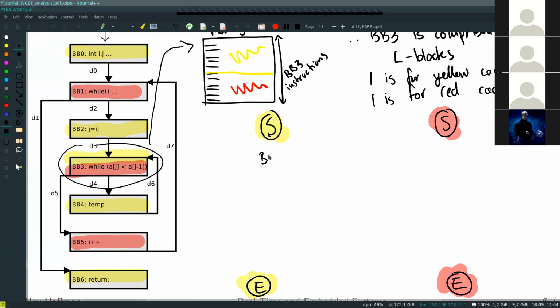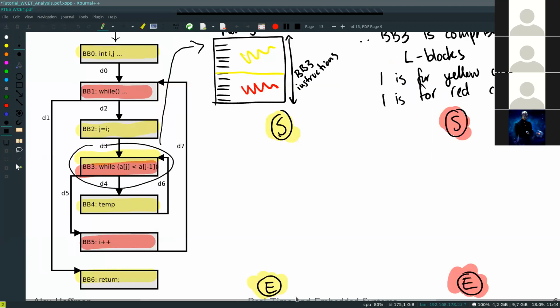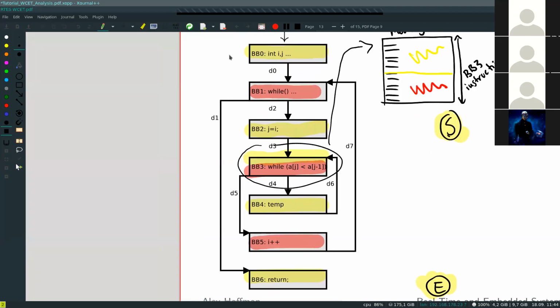But actually what we'll do before that is we should give labels, because we shouldn't reference them as BB0 anymore; we need to split them now into line blocks. So we need to say, like, for instance, this is 1, 2, 3.